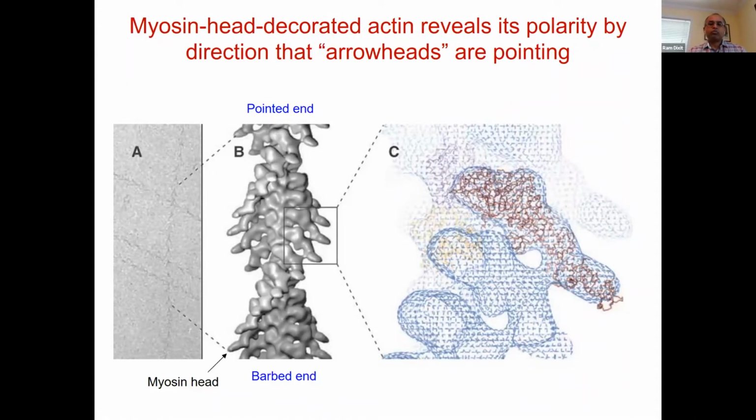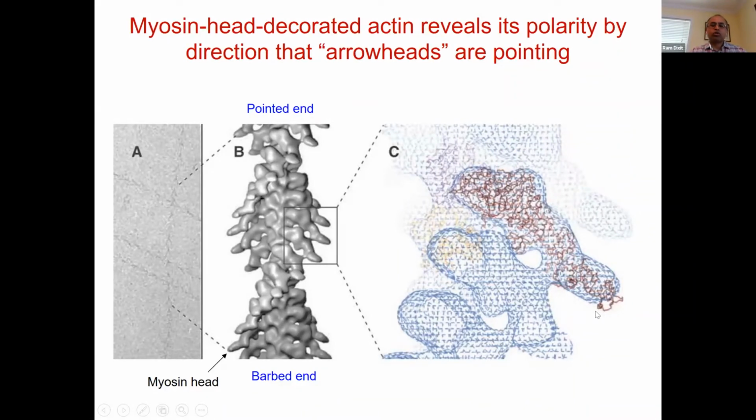You notice that these myosin motor heads bind at an incline to the subunits. So when you saturate the actin filament with these myosin motor heads, you get this arrowhead-like binding pattern. In A, I don't know if you can see that on your screen, you can just about see these arrowhead structures, and here is a cryo-EM rendition in B, and in C, you're looking at a structure represented in ribbon diagram.